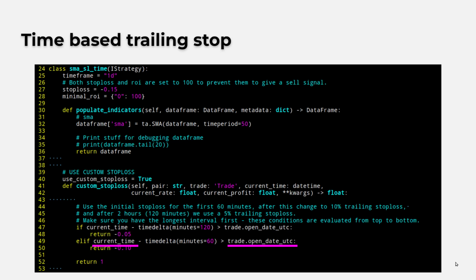If the difference or time delta between these times is bigger than 60 minutes, then the stop loss will be changed to 10% below the current price. And finally, after 2 hours when the trade was opened, this function changes the stop loss to 5% below the current price. So again, this strategy opens with a 15% stop loss, then after 60 minutes it changes the stop loss to 10%, and then after 120 minutes it changes the stop loss to 5%.